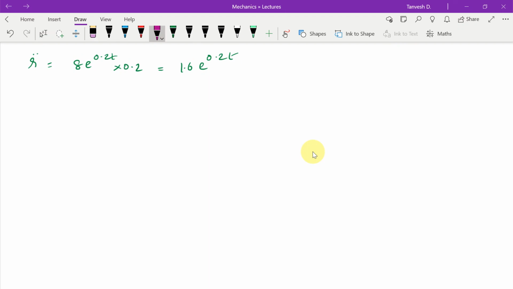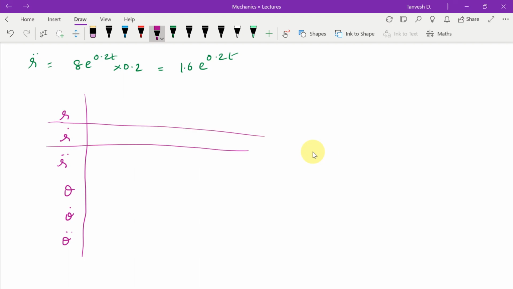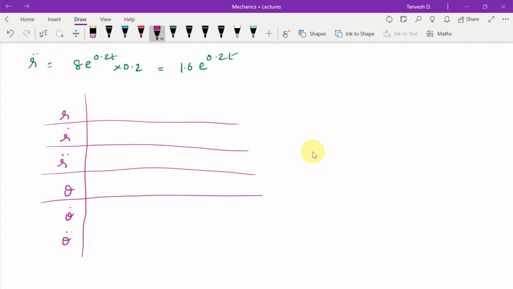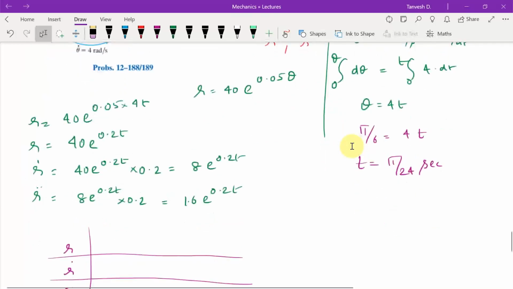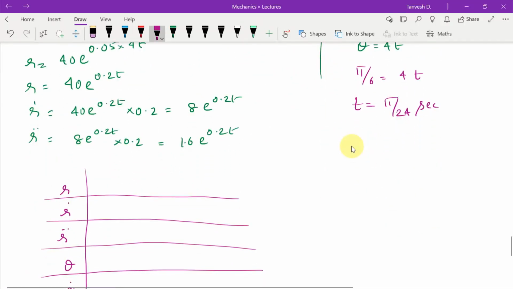So we have here r, r dot, r double dot, theta, theta dot, and theta double dot. Let us write all the formulas. So r is 40 e raised to 0.2t in terms of t.